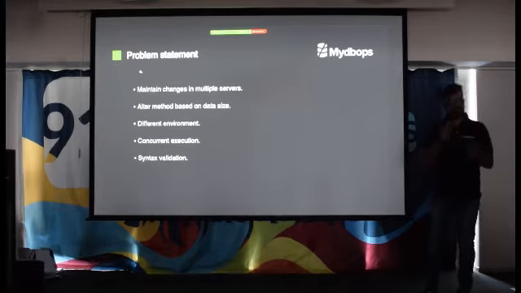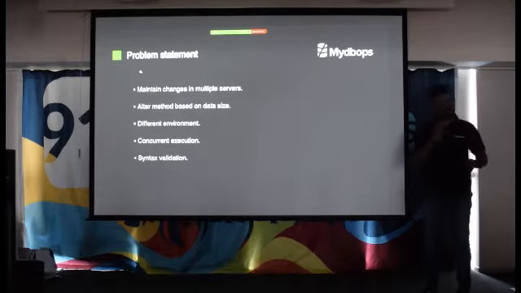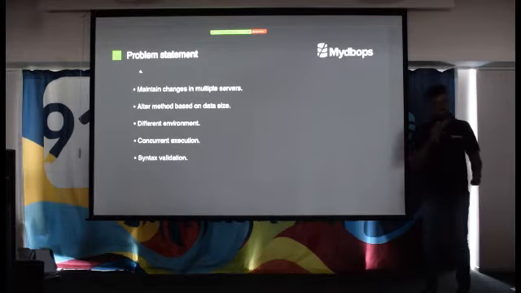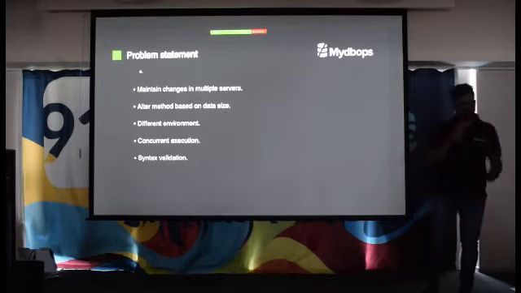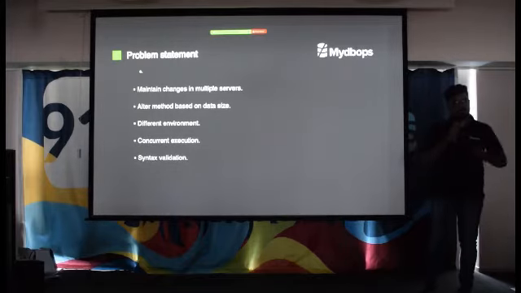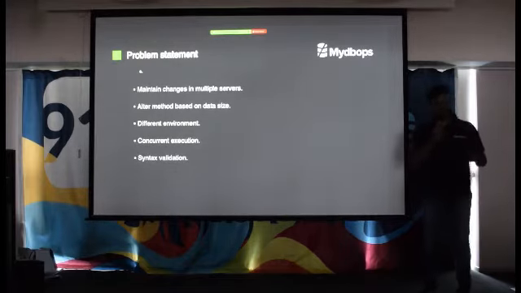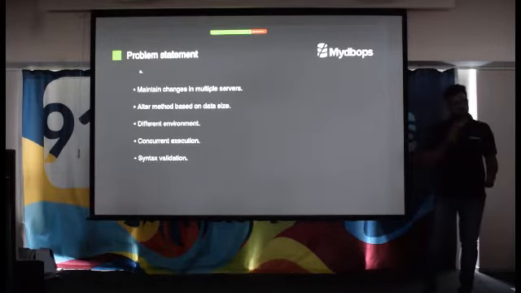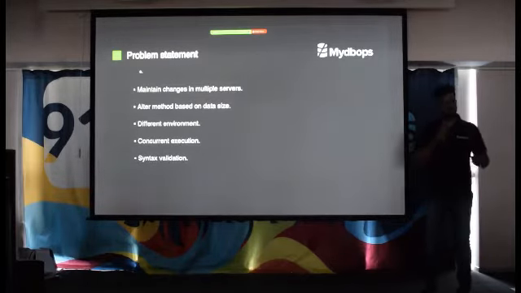For that we need to manually decide based on the table size. If it is huge, we need to go with the online schema change, otherwise the direct alter is fine. That type of validation needs to be done. As a standard practice we also have QA and dev environments before deploying anything in production, so we need to maintain that sequence.